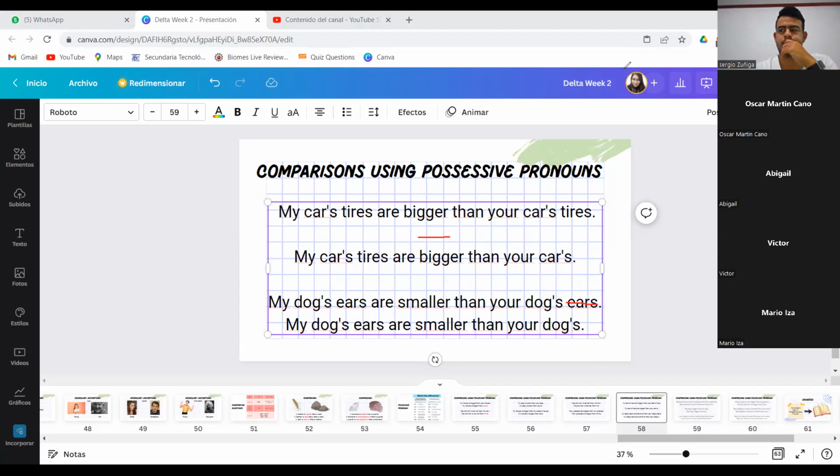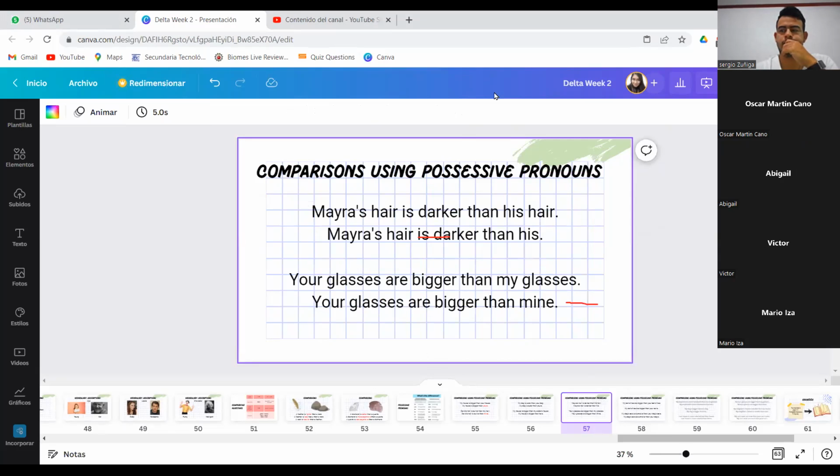Lo mismo que estábamos haciendo acá. Acuérdense que lo que hacíamos era cambiar cada adjetivo posesivo por su pronombre posesivo correspondiente y eliminar el objeto. Igual aquí, cambio de my a mine y elimino el objeto.